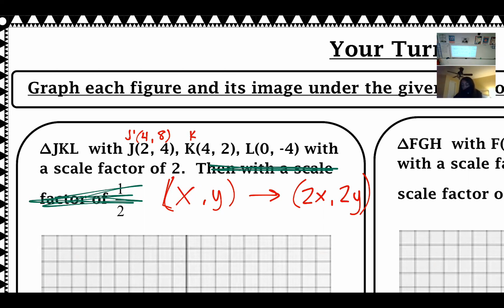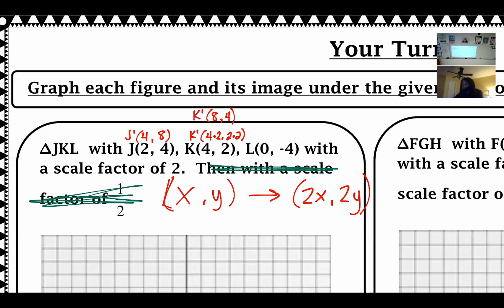K prime. So 4 times 2 and 2 times 2. So what's K prime really? 4 times 2 is 8. 2 times 2 is 4.